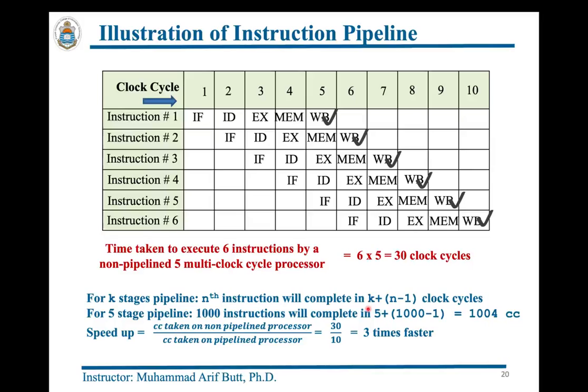So this is 3 times faster as compared to the non-pipeline processor. In reality, such a performance cannot be achieved, but however, we do get better performance. And why we cannot achieve the perfect CPI of 1, I will talk about in upcoming slides.